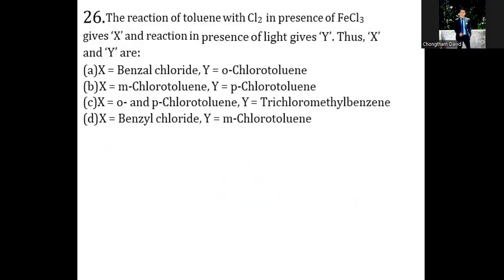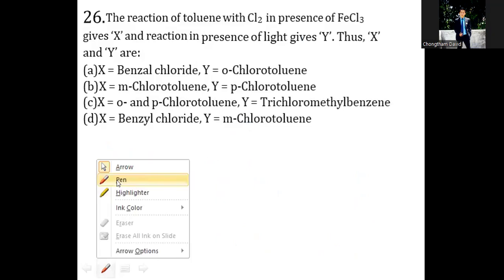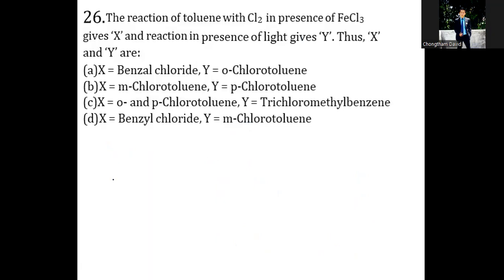Let us see the next question, question number 26. The reaction of toluene with chlorine in the presence of ferric chloride gives X, and the reaction in the presence of light gives Y. You are asked to find the compounds X and Y. Rewrite this reaction. CH3, this is toluene.